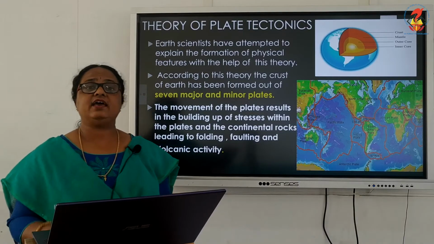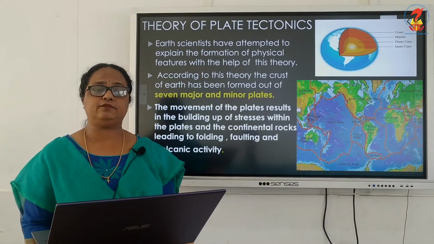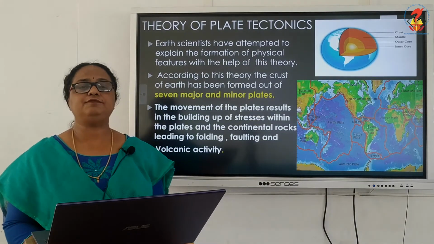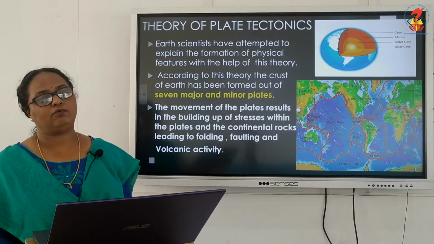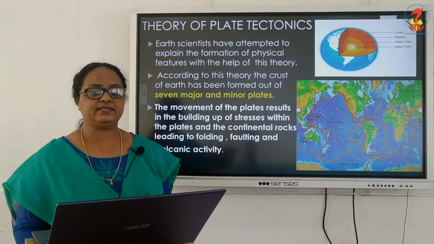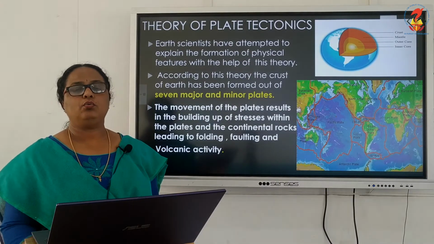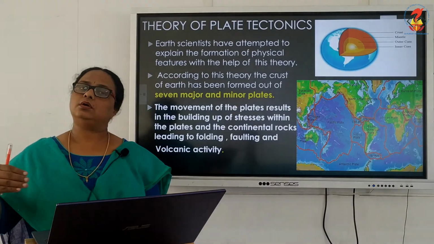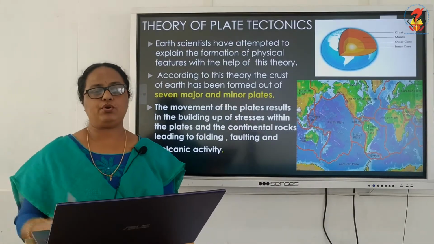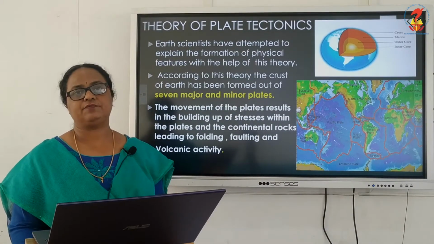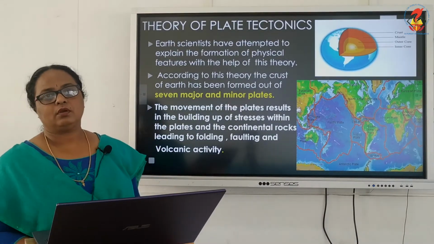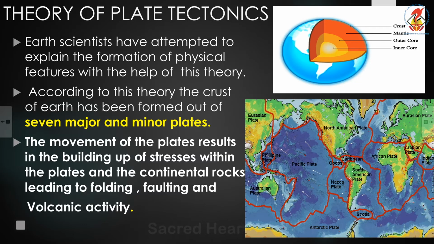Earth scientists have attempted to explain the formation of physical features with the help of the theory of plate tectonics. Now, when we try to explain more on the theory of plate tectonics, we must know the layers of Earth.